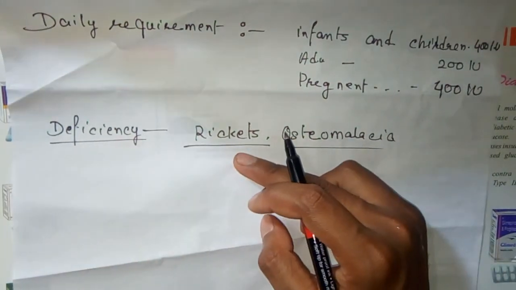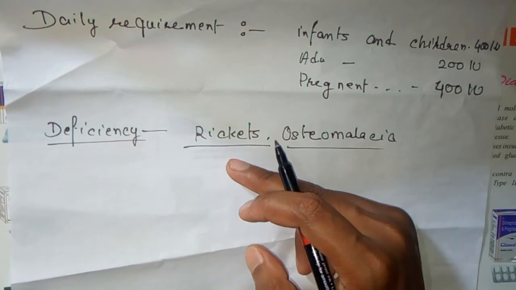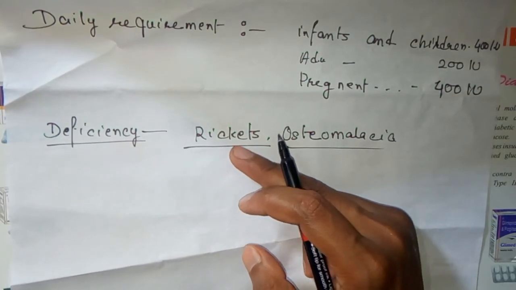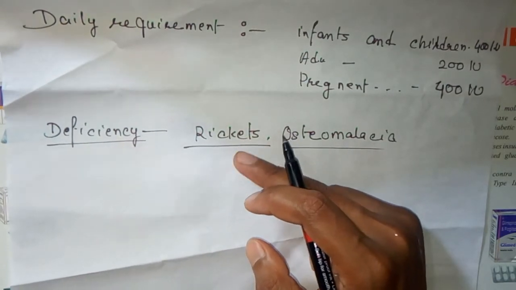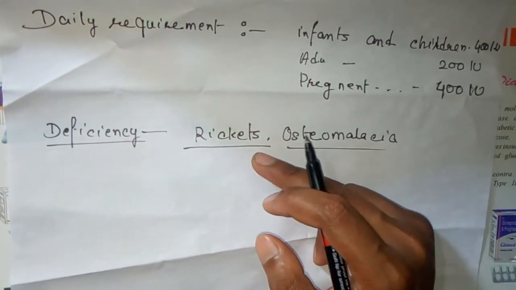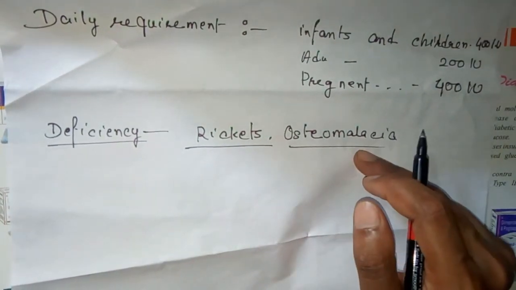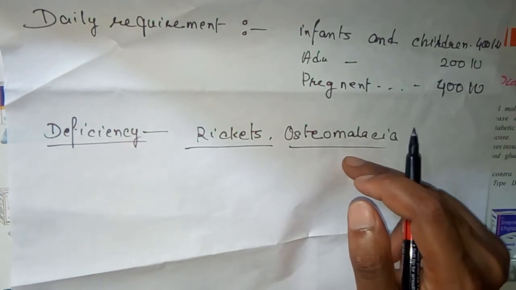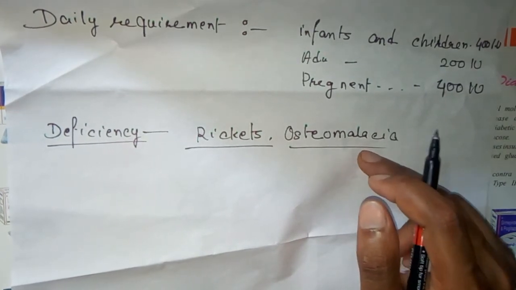Rickets is a disease caused by a defect in bone growth and calcification of long bones in children, and osteomalacia is caused by defective calcification of osteoid tissues in adults.